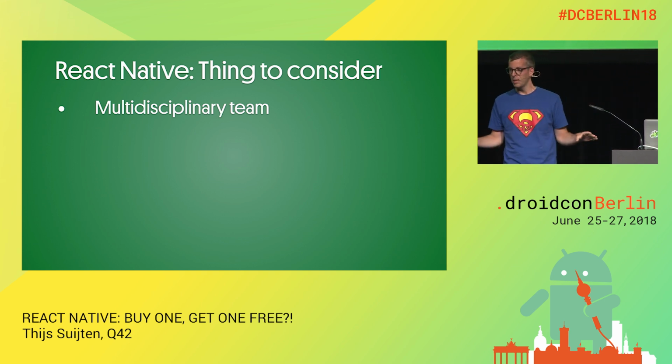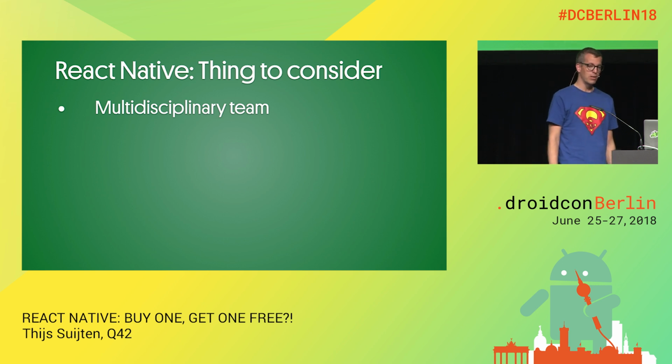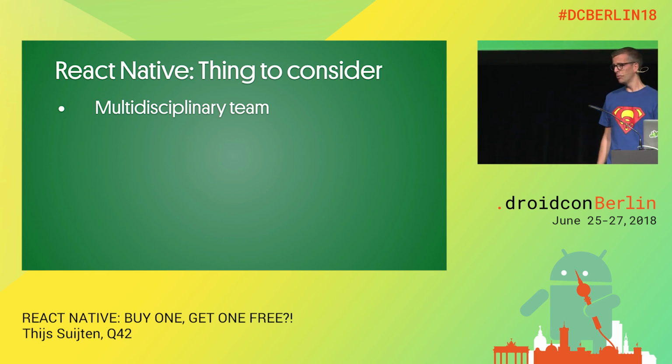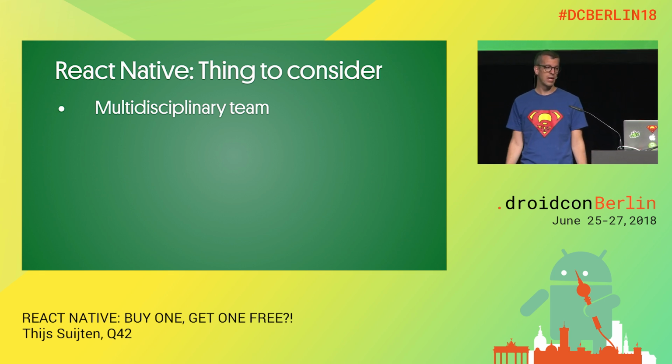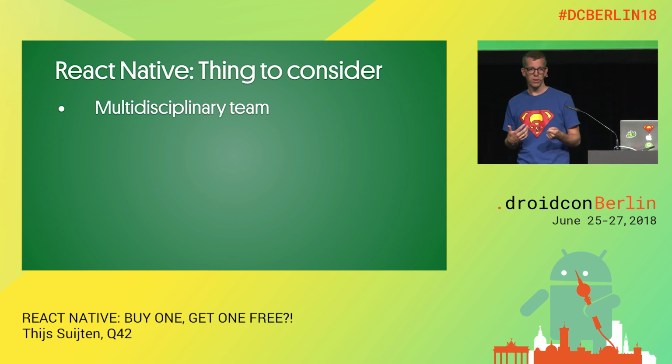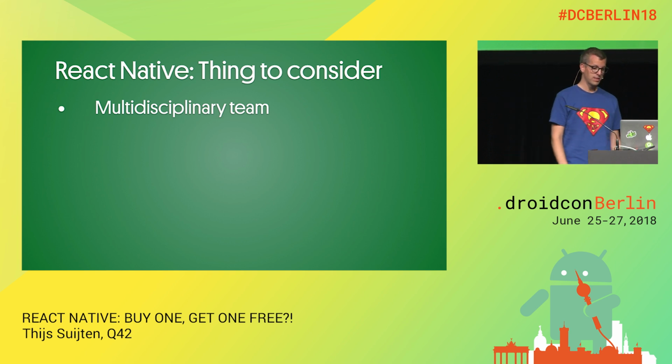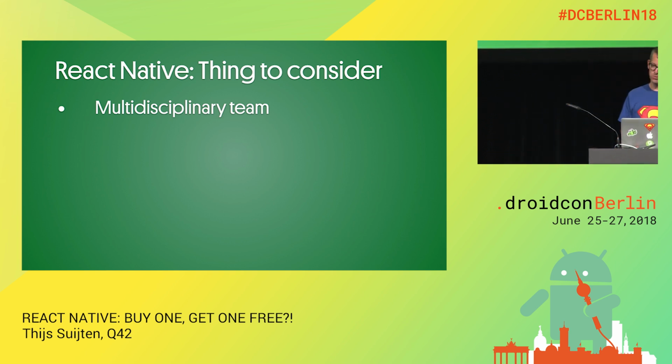You start writing the application, and in the beginning it's all nice and easy, but then at some point you will need to write some native code for showing notifications or maybe doing some other stuff. And we found that if you do not have native experience in your team, then that can take up a lot of time. Because if a React developer has to figure out how to show notifications on Android and iOS, then you might be losing some weeks.